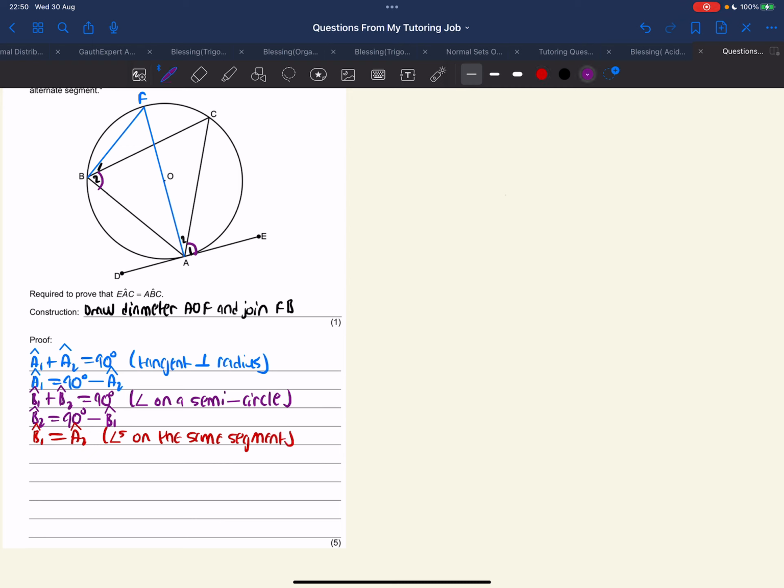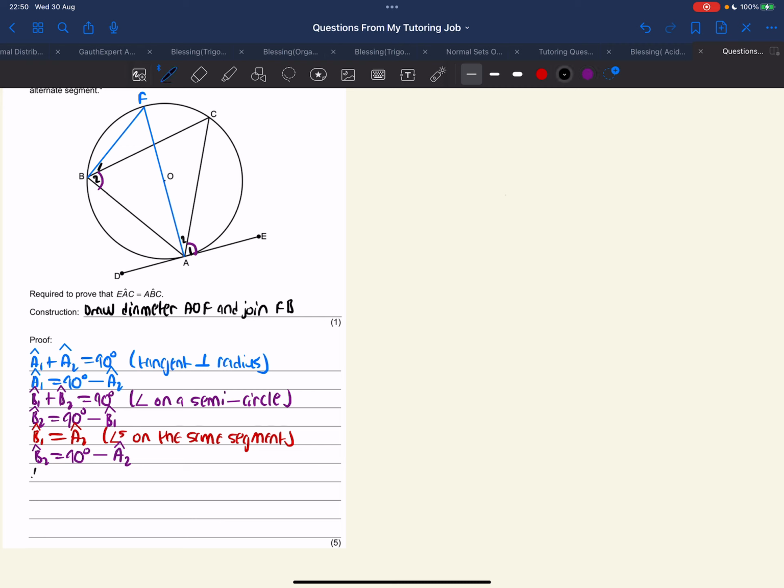Now this means that if angle B1 is equal to angle A2, then angle B2 is going to be 90 degrees minus angle A2.